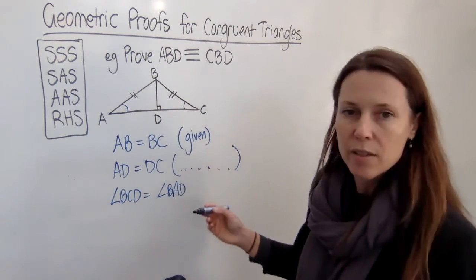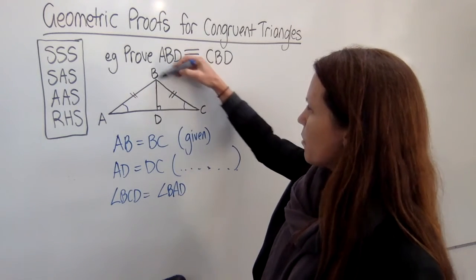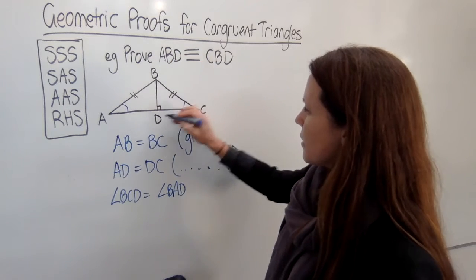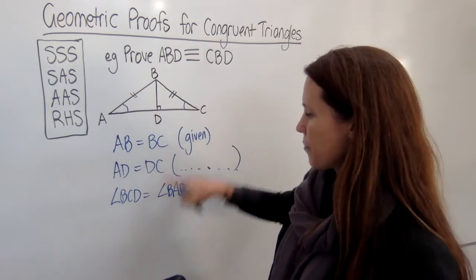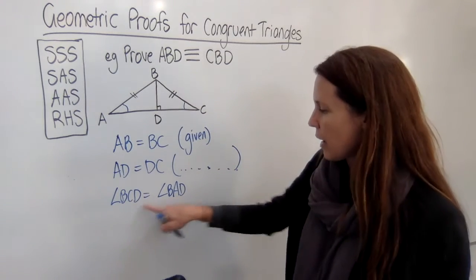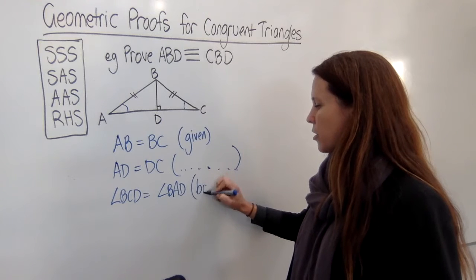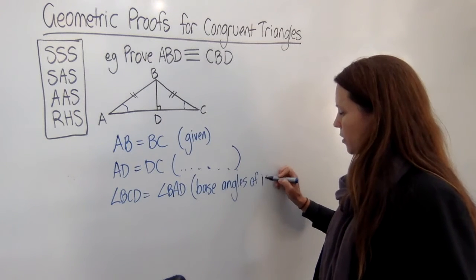Now notice how I used the symmetry there just in the naming of the angles. Instead of calling this DCB, I called it BCD and BAD, because it's A and C that are in the same sort of corresponding place. Now how do I know they're the same? Because I just write they are base angles of an isosceles triangle.